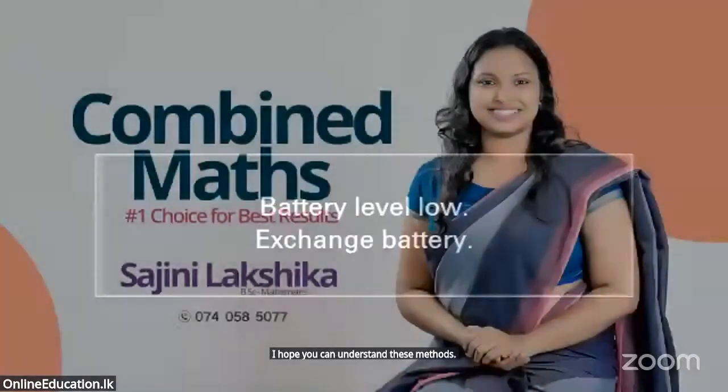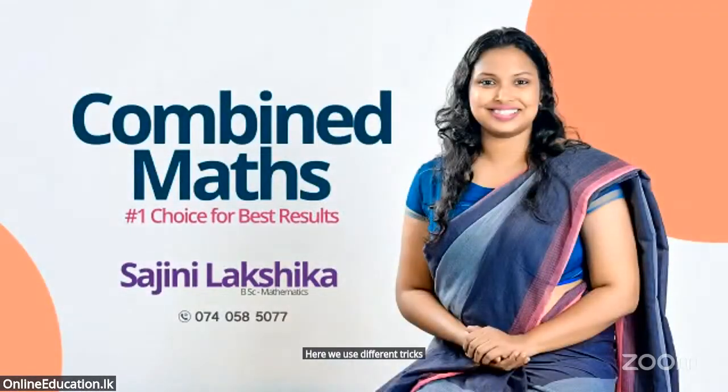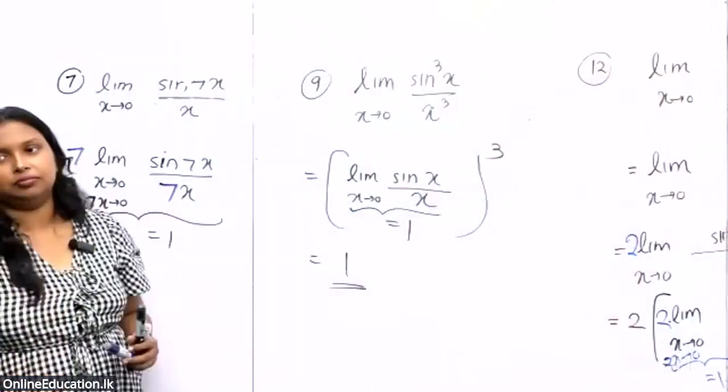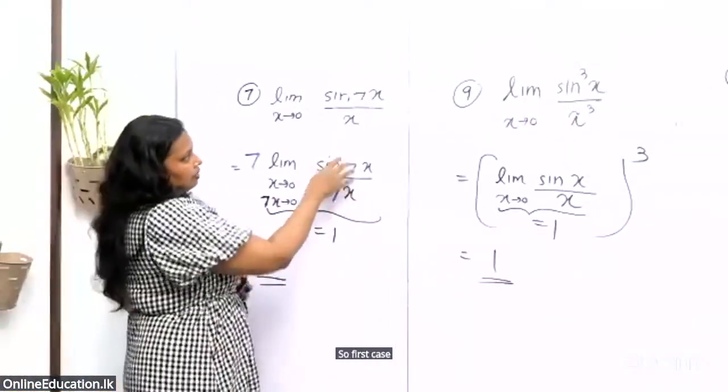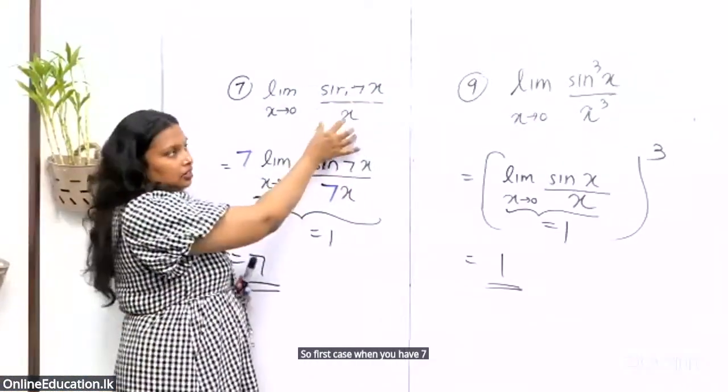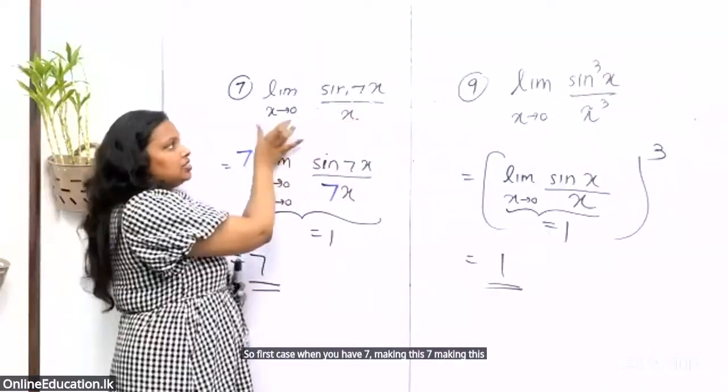Here we use different tricks. Okay, right. So first case, when you have 7x, making this 7x also and 7x tends to 0.